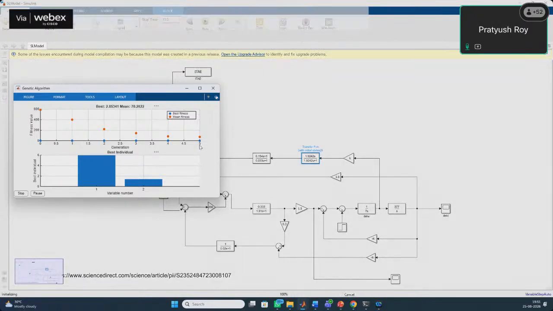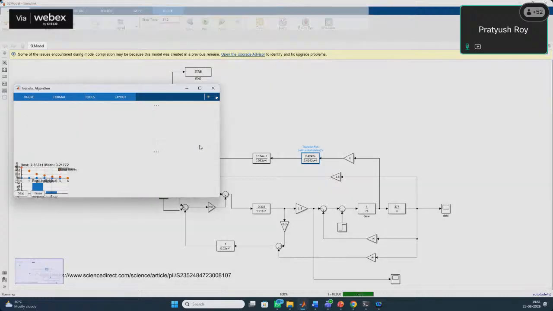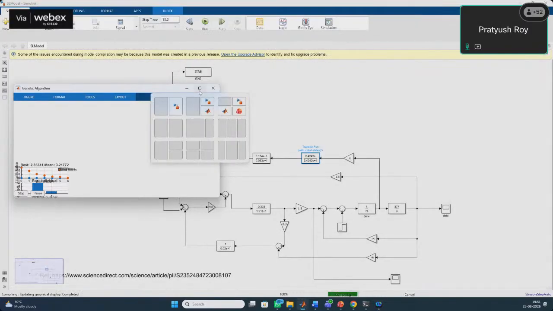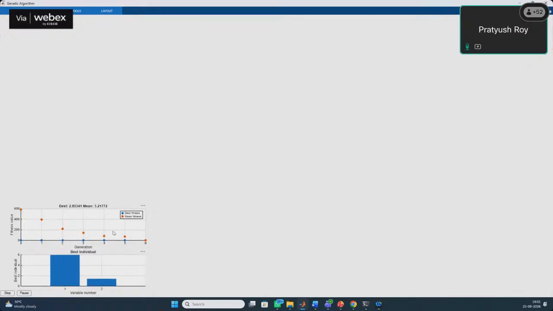So feel free to run this as much as possible so that you come up with the most optimized value with more number of generations passing. If you notice here at this point, the mean fitness value has reached almost 0, right?